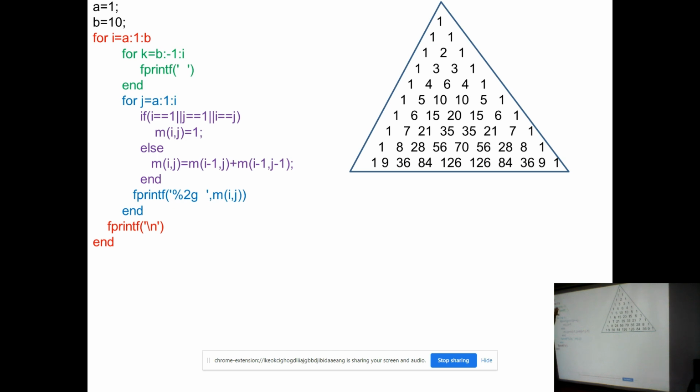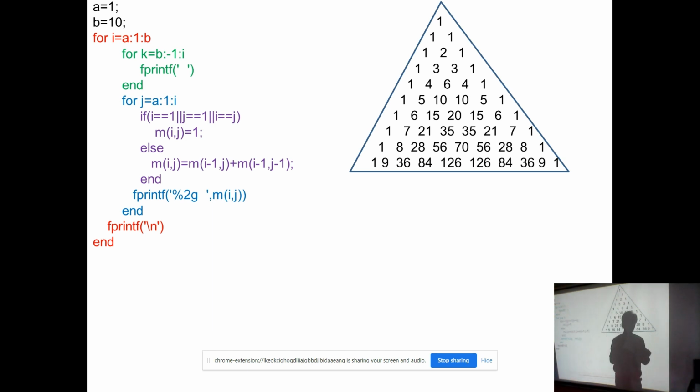What is this for loop? Just check. For k is equal to b colon minus 1 colon i. What is b? b is 10. So 10 colon minus 1 colon what is i? i started with a the first time it enters. So a is 1, so this will be 1. So 10 colon minus 1 colon 1.